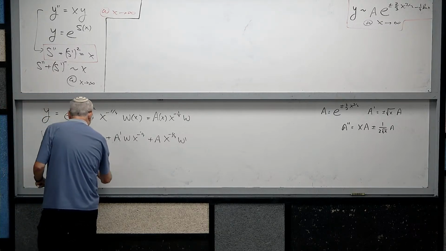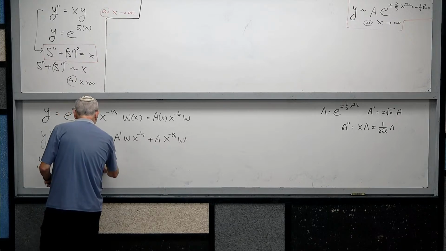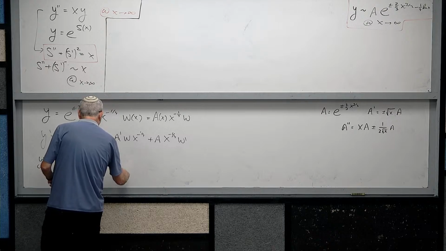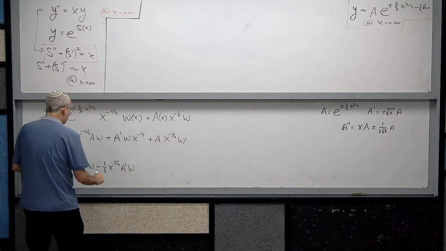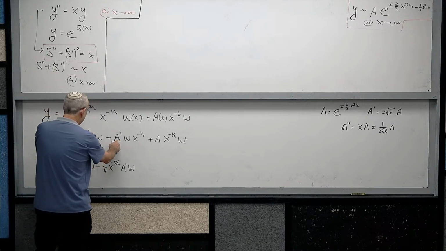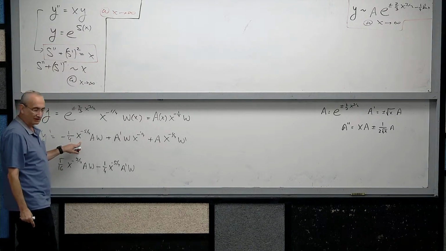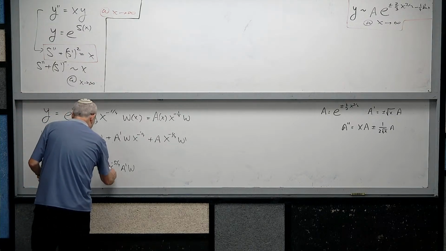Now what will be the next thing? I have minus 1/4 x to the minus 5/4 times A prime times W, but I have to multiply it by 2, because this is exactly what I will get from here if I take the derivative with respect to x to the minus 1/4. So this is only 1/2.